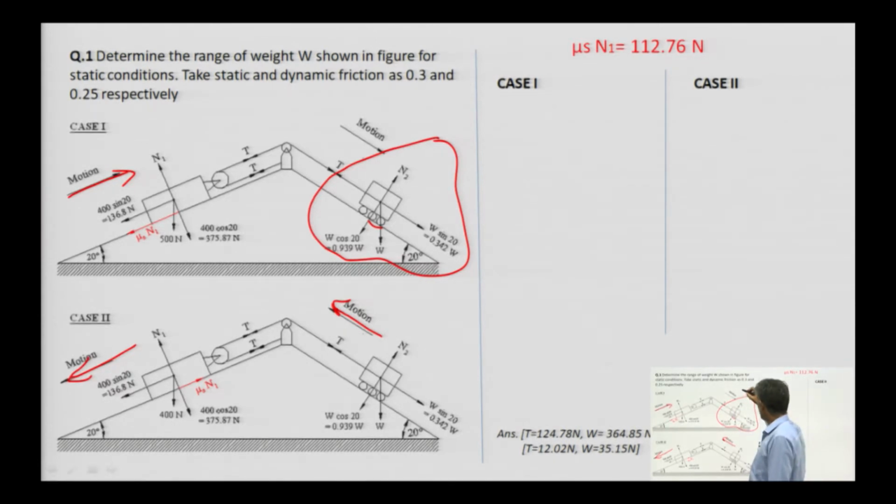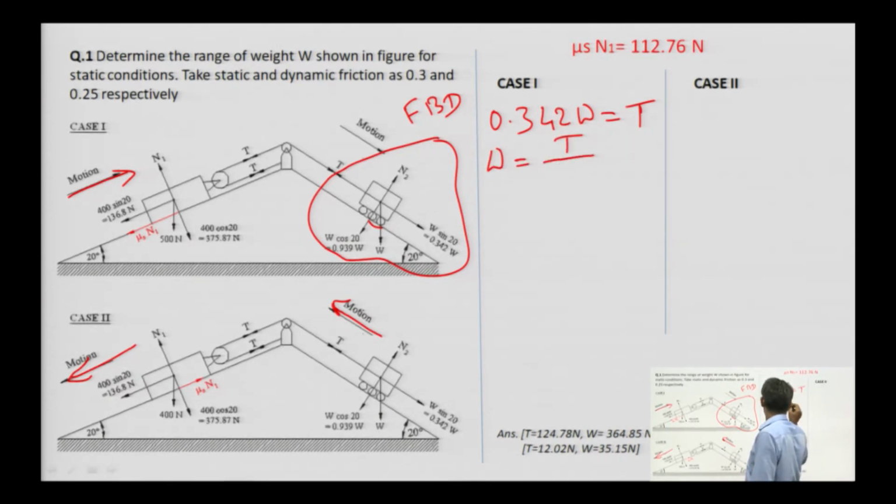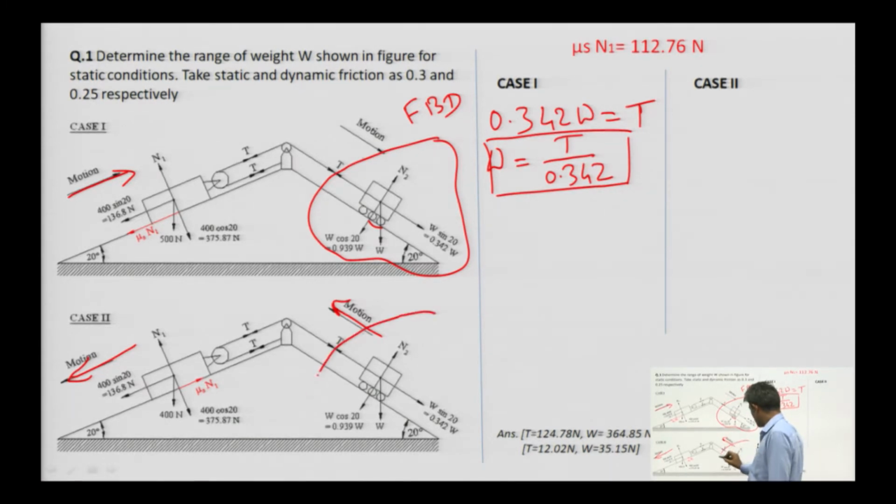So, considering this FBD, we have 0.342 W equal to T. Therefore, W will be T upon 0.342. This is applicable to both case 1 and case 2, because the free body diagram in both cases is the same.